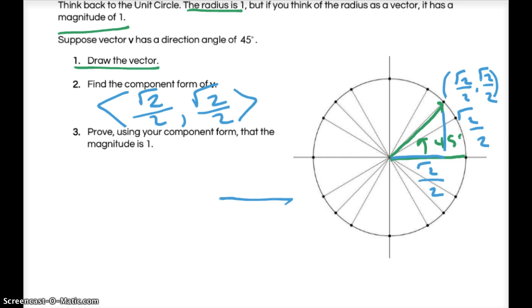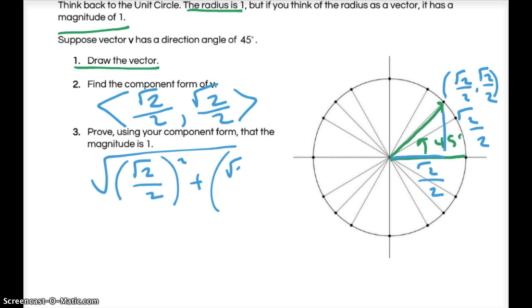Now just for fun, because I know you don't want to just take my word, we're going to check that the magnitude is actually 1. Using the distance formula, I square the horizontal component and add it to the square of the vertical component.